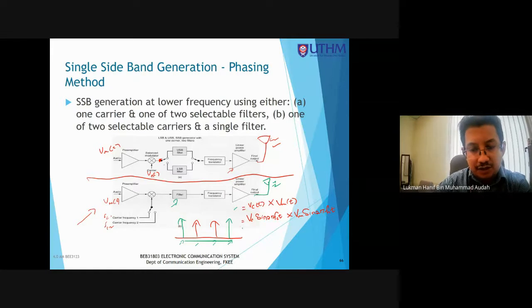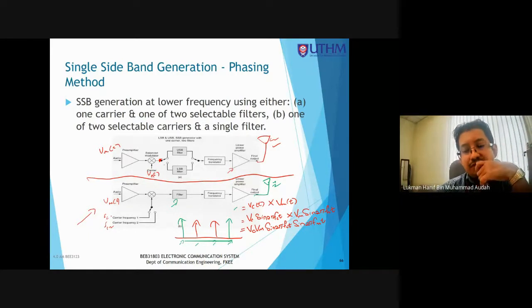Okay, and what happened is that dia akan jadi seperti ini: VC VM sine 2 pi FCT sine 2 pi FMT. And according to trigonometry identity, sine and sine will produce cos minus cos.